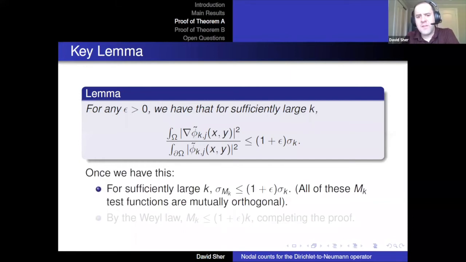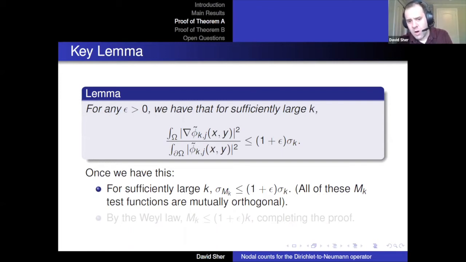Once we have this, you have mk test functions, all of which are mutually orthogonal on the boundary because they literally have disjoint support. And if you have mk orthogonal test functions, then sigma mk has to be at most the top value of the Rayleigh quotient, and that's 1 plus epsilon times sigma k.